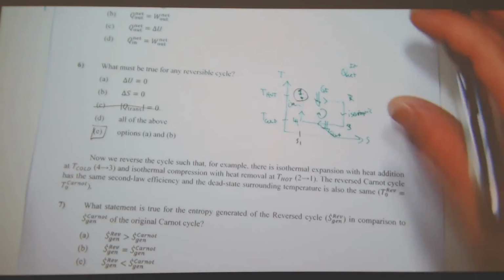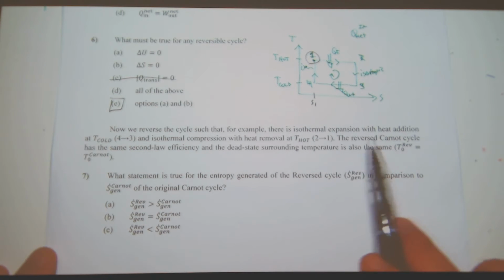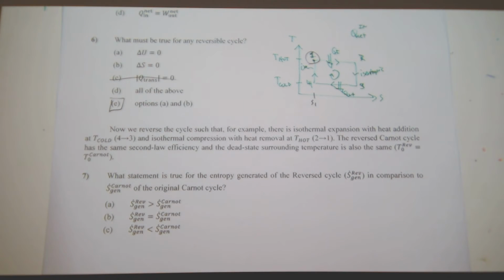And then I asked the question below, now if we reverse the cycle, for example, we just reverse it around. So let me just draw the TS diagram for the Carnot cycle in the very general way.